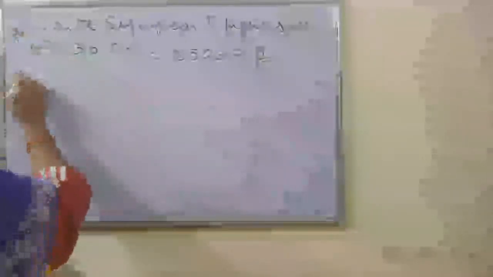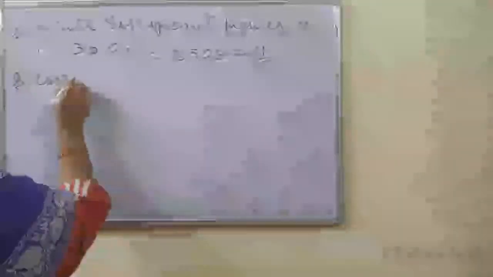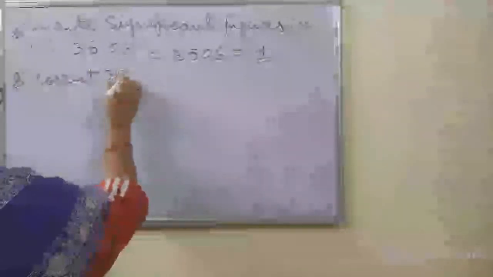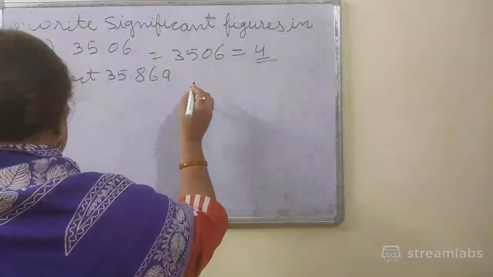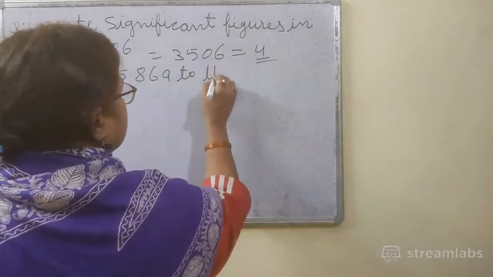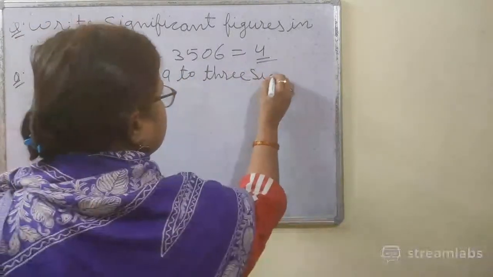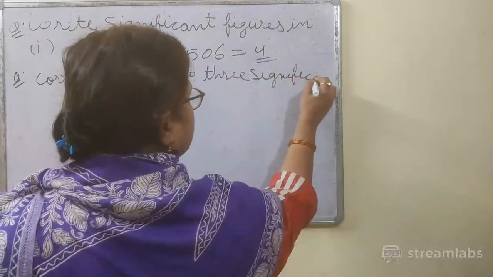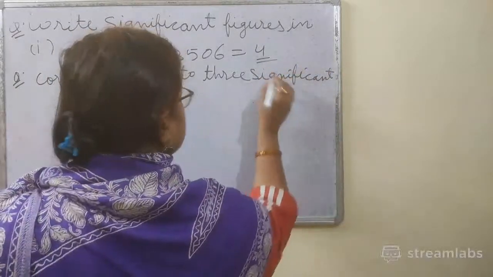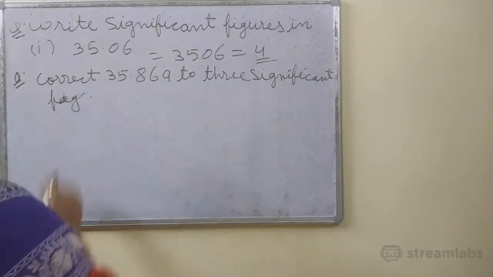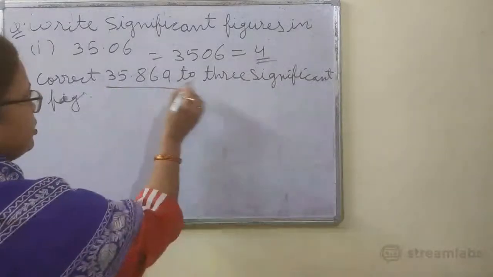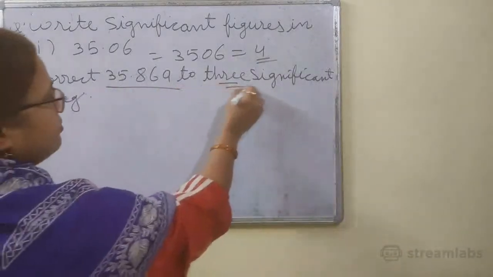Now, next question. Correct 35.869 to 3 significant figures. We have to correct this number to 3 significant figures.